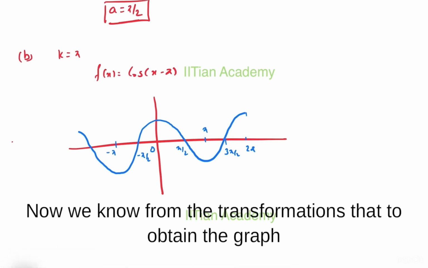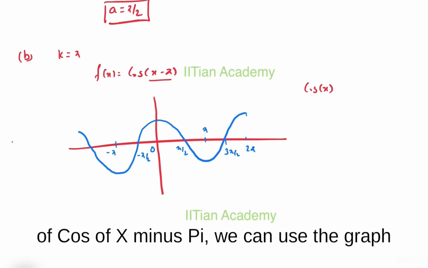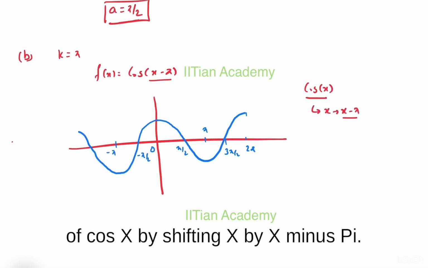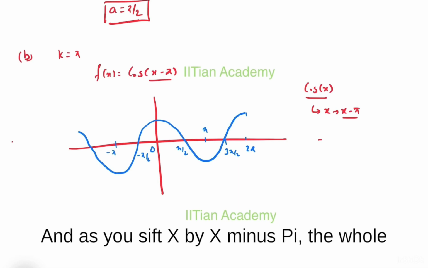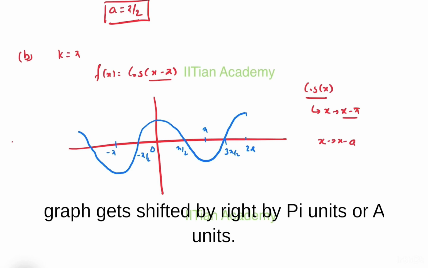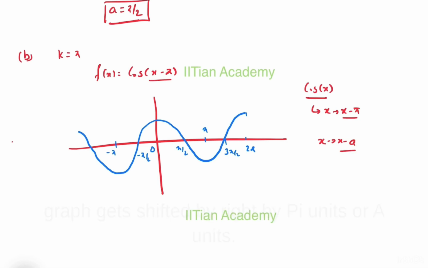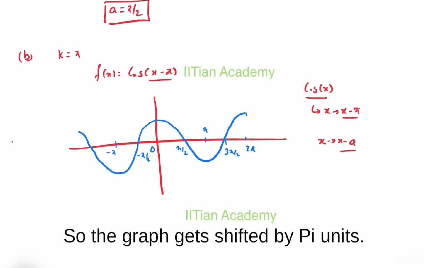Now we know from the transformations that to obtain the graph of cos(x − pi), we can use the graph of cos x by shifting x to x − pi. And as you shift x by x − pi, the whole graph gets shifted to the right by pi units.